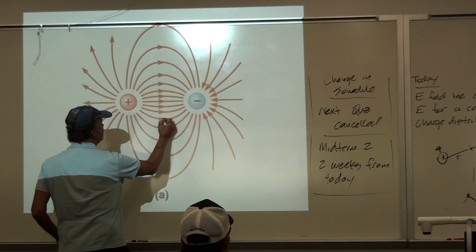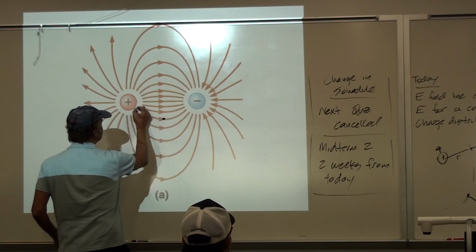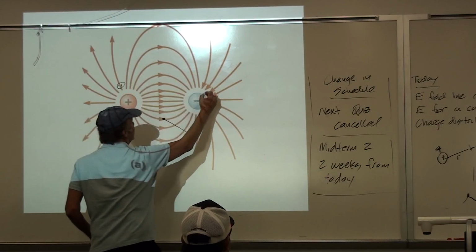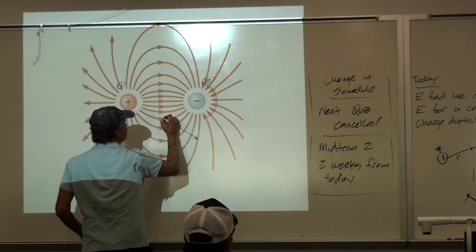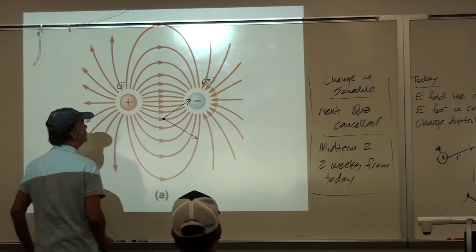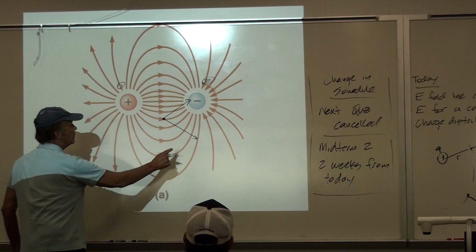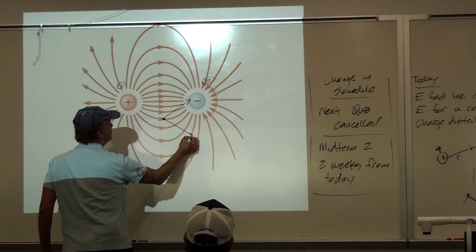But in some in-between position like this, the electric field that points away from charge 1 and the electric field that points toward charge number 2 are going to add up in such a way as to cancel out the vertical components if we're at the midpoint between them.